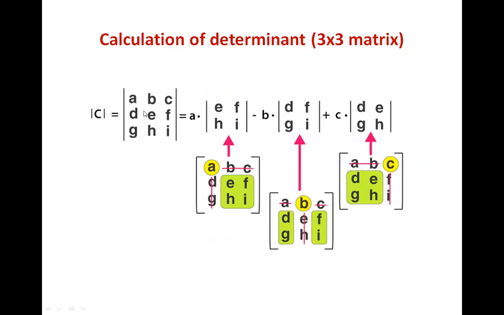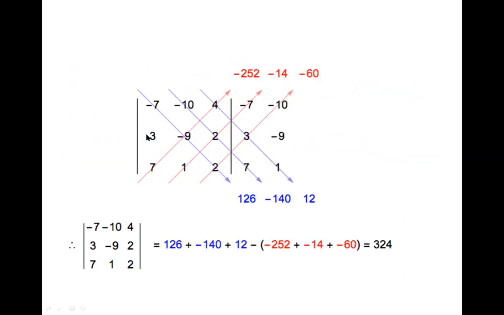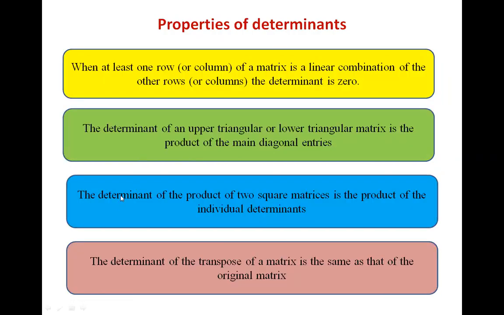These are the diagonal elements A, E, I. B, C, F will be the upper diagonal elements, and D, G, H will be the lower diagonal elements. So in that case, what the property is saying is that the determinant of an upper triangular or lower triangular matrix is the product of the main diagonal entries. So that we can verify.